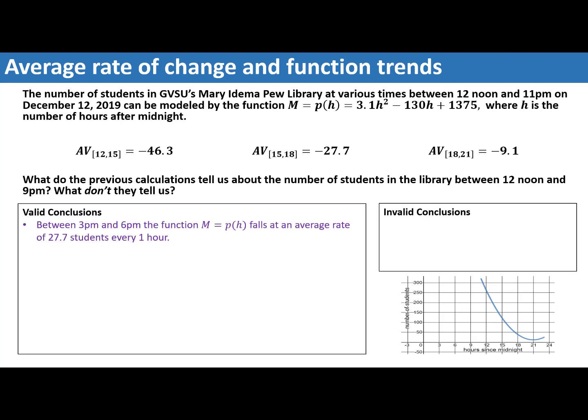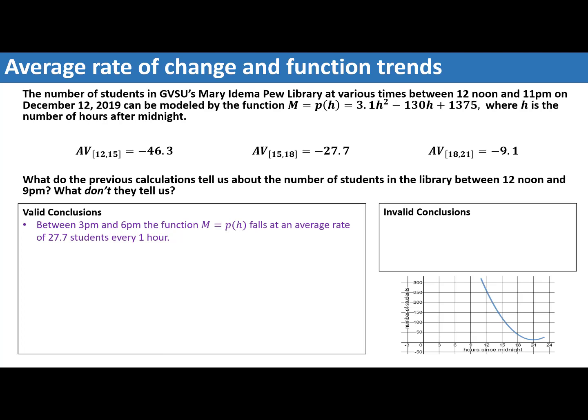So first we could say between 3 p.m. and 6 p.m. the function m equals p of h falls at an average rate of 27.7 students every 1 hour. So we know the function falls because the average rate of change was negative from 3 p.m. to 6 p.m. That was the average rate of change from 15 to 18.